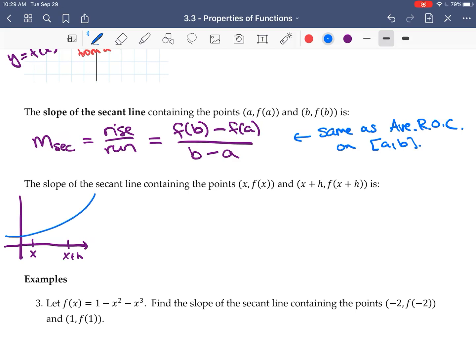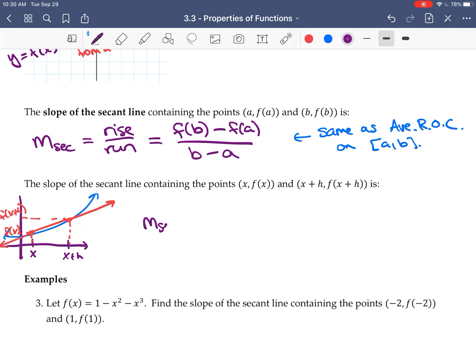Okay, so if our function does something like this, so this y value is f of x. Okay, this y value over here is f of x plus h. And the secant line is going to look something like this. Okay, so again, you want the slope of this. It's the exact same thing.